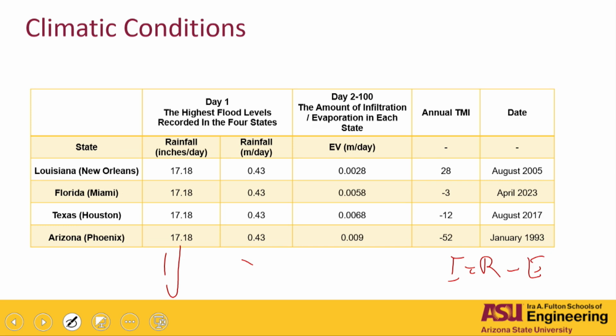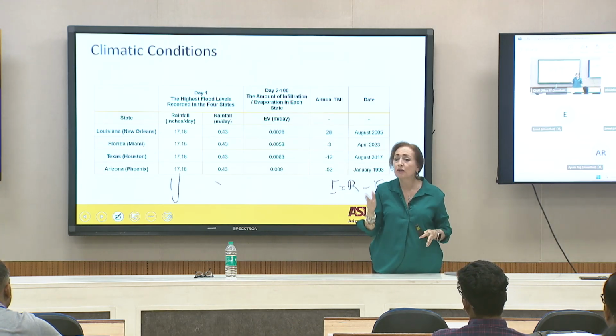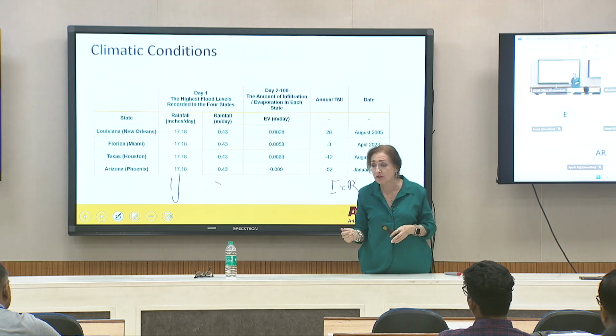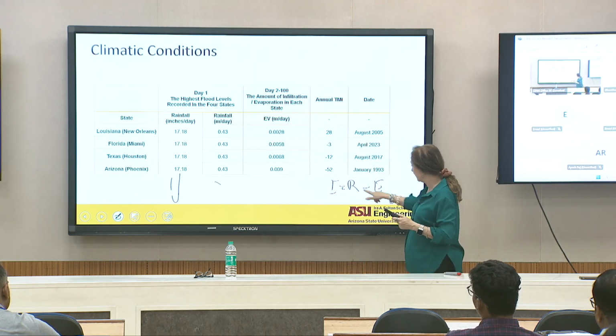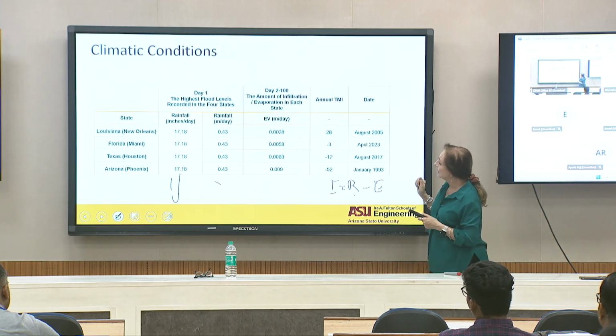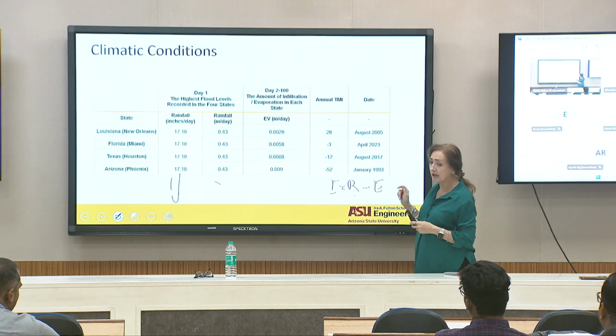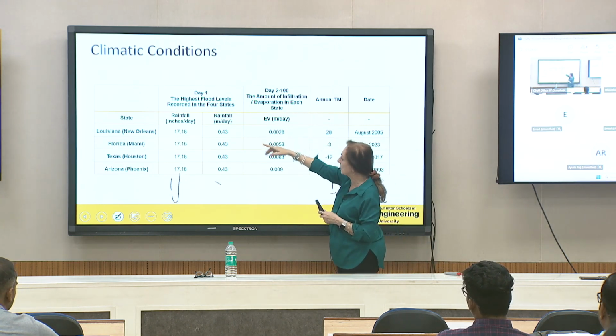And basically what we're going to do is just impose some evaporation for 100 days. And you can put a different evaporation every day if you have weather station data, okay? Or you can put rainfall minus evaporation and get the amount of infiltration or evaporation stage. So we imposed an evaporation rate for every one of the sites.